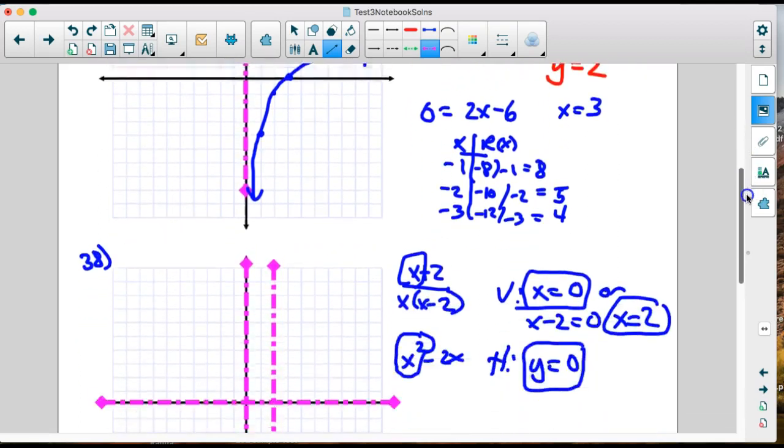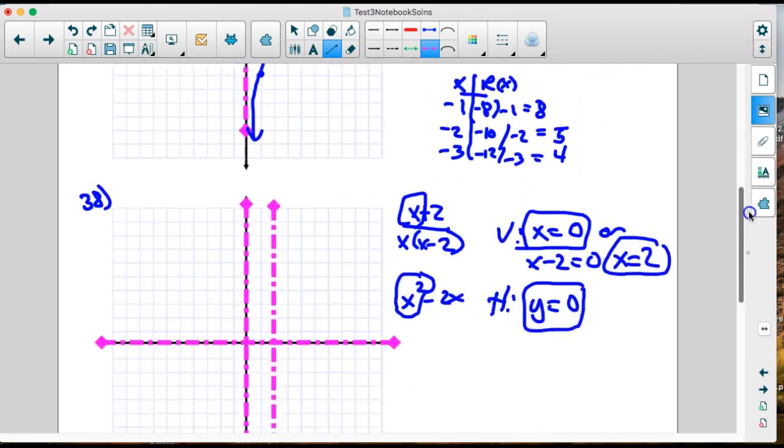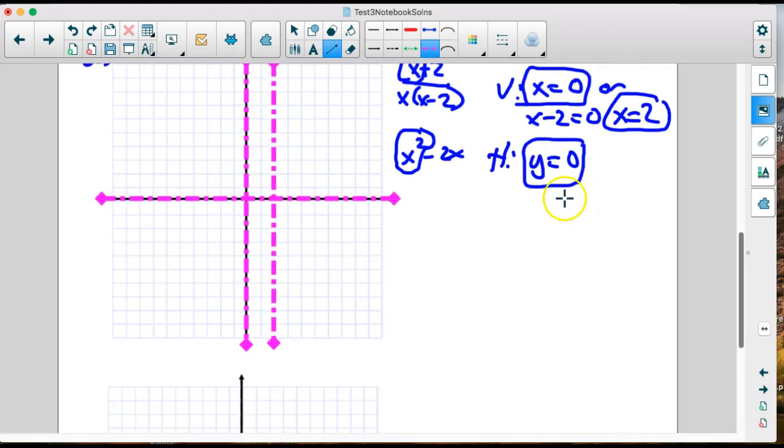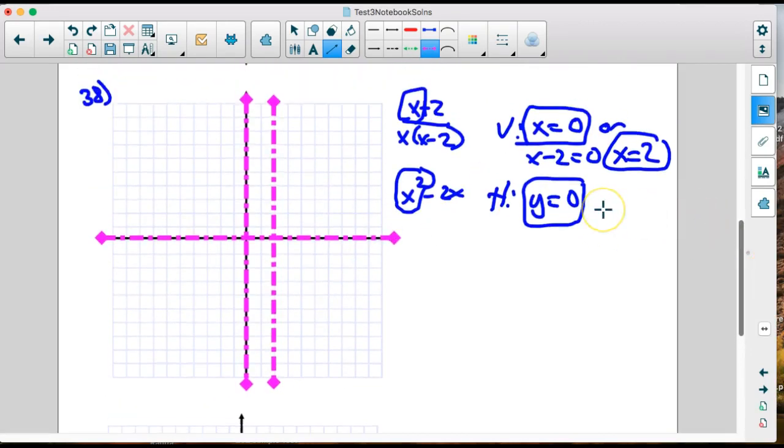Okay, so let's put some values into this now that we have the asymptotes. Let's start with the value of, we'll see what happens here in this section. So let's try a value of 1. So this is x.